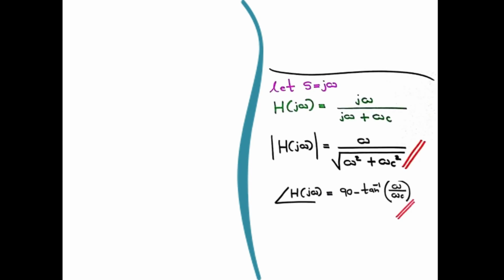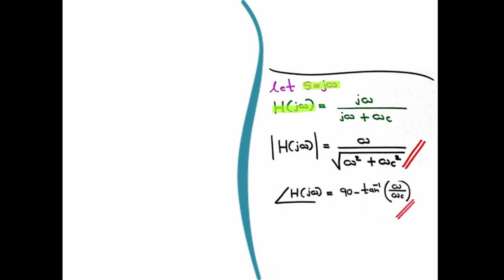Right. Now our next big task is deriving the frequency domain transfer function using the Laplace domain transfer function. We just have to do one small thing. We only have to substitute j omega instead of s to get the frequency domain transfer function, H(j omega).